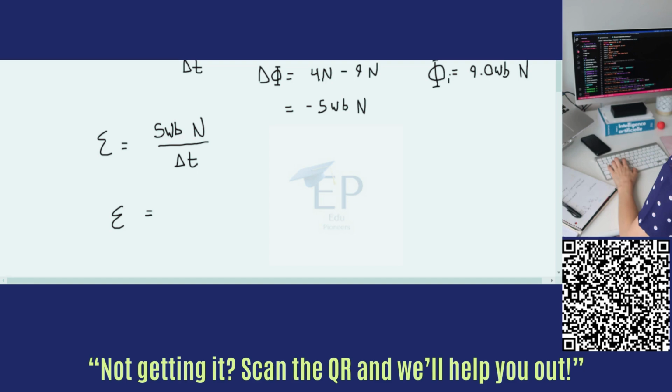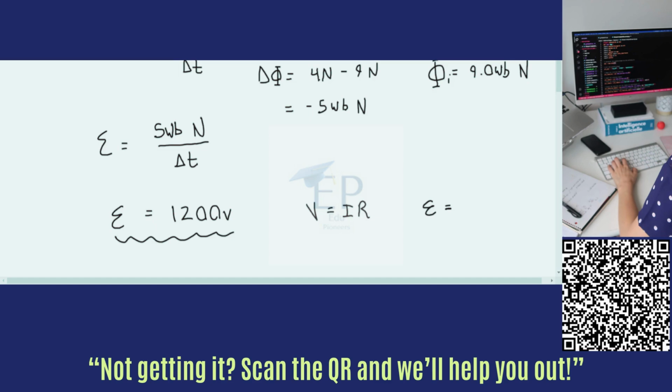And our induced EMF will have a value of 1200 volts. Now, to determine the resistance from knowing this induced EMF and our induced current, we can recall that Ohm's law states that the voltage drop across a resistor is V equals IR. Or, in this case, our voltage is just going to be our induced EMF here.